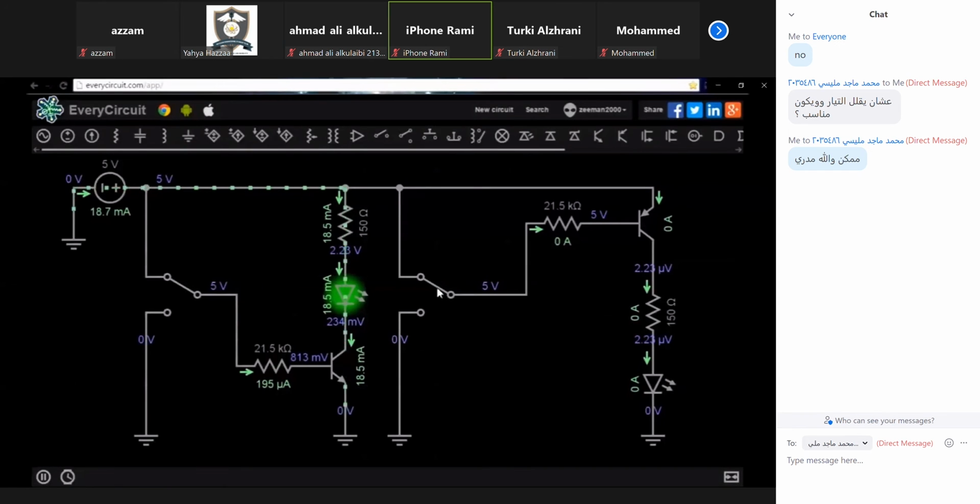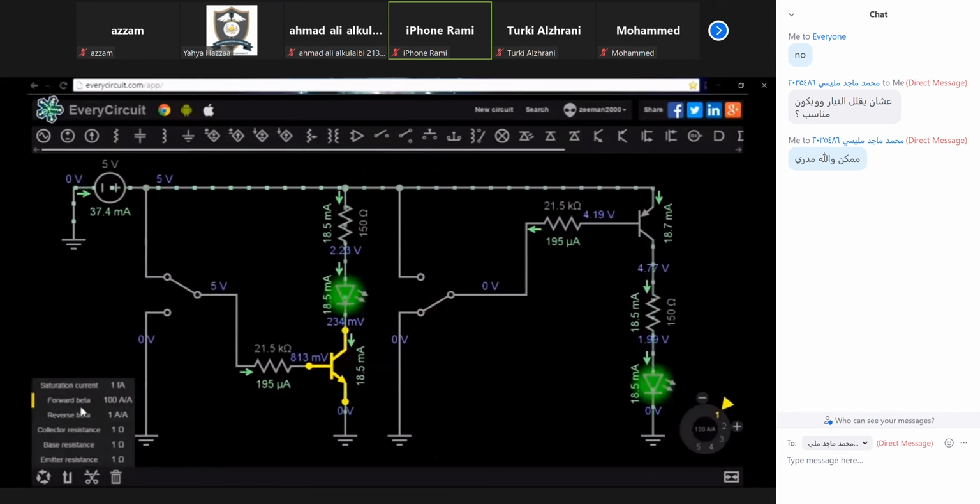Flipping the second switch sets the signal on the base of the PNP transistor to 0 volts, turning the load on by allowing current to flow from emitter to collector. To check or adjust the beta value of the transistor, simply highlight the component. Then click the adjust icon, and the flywheel will allow you to adjust the beta to the desired value for the transistor you will use on your circuit.